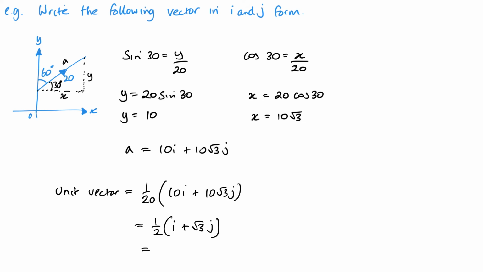Or I can even separate it out to 1/2 i plus root 3 over 2 j. Okay, so you always have these other options when you're looking at unit vectors within it. Obviously, this particular question was just about the vector.